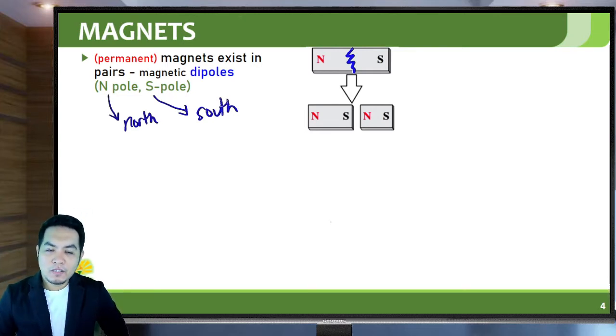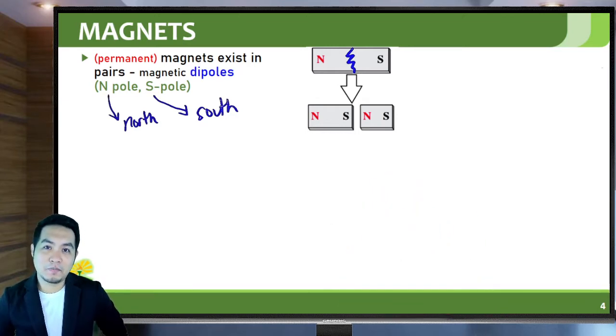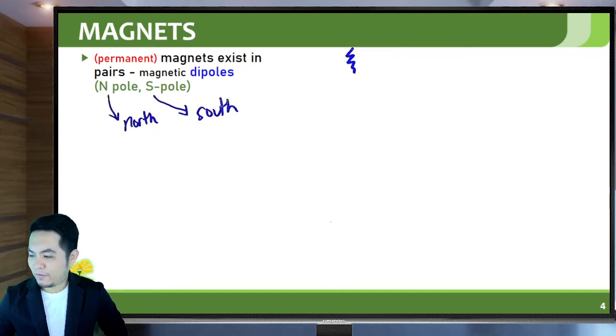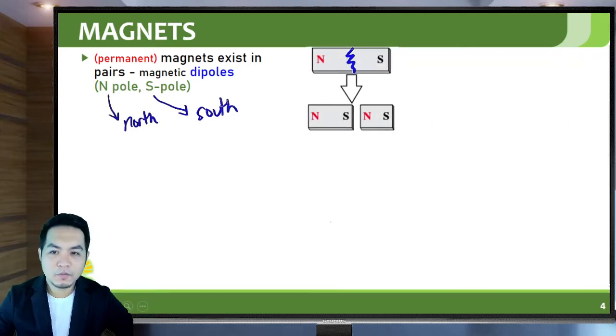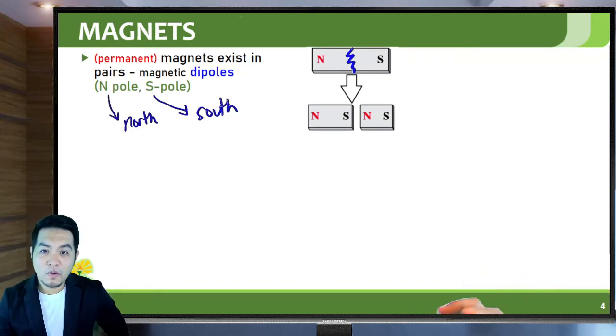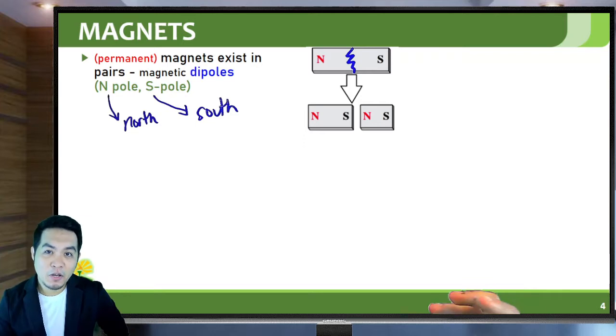Everything in electricity and magnetism is symmetric, except for this property of magnets, wherein you cannot find a single north pole or a single south pole, unlike in electricity, where you can find a single positive charge and a single negative charge.